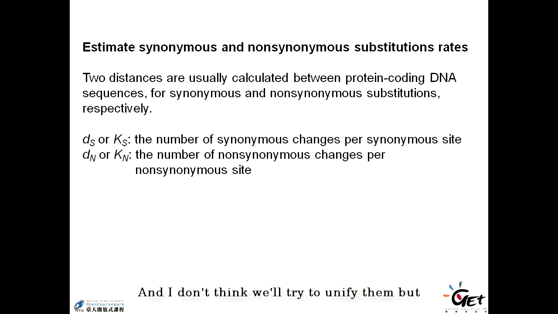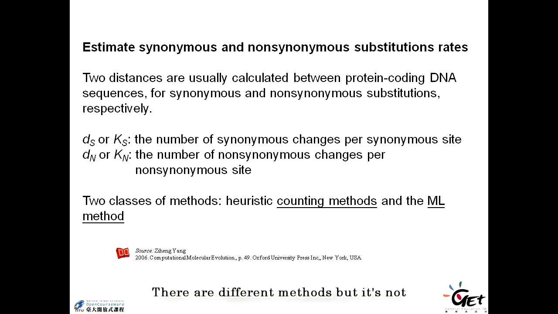I don't think we are trying to unify them, but they are different symbols for these two types of changes. And they are different methods, but it's not that complicated once you understand what we are trying to do. So basically they are counting methods or likelihood estimates.